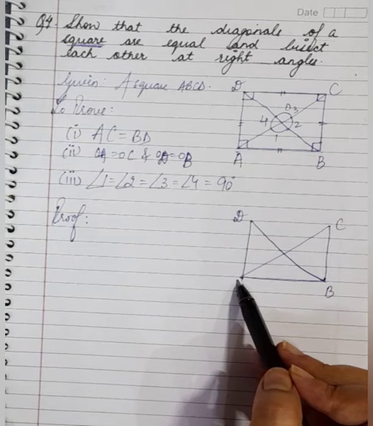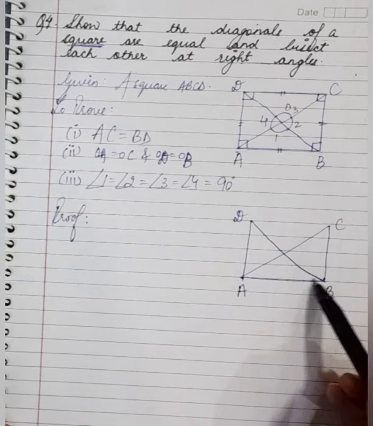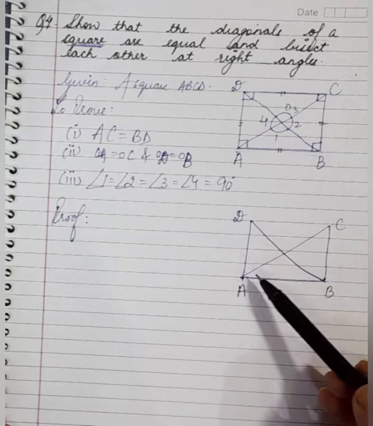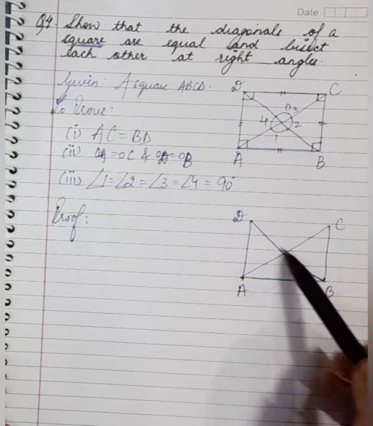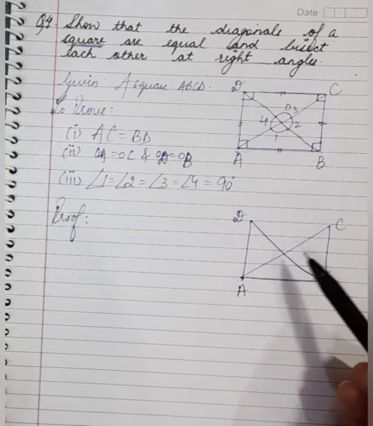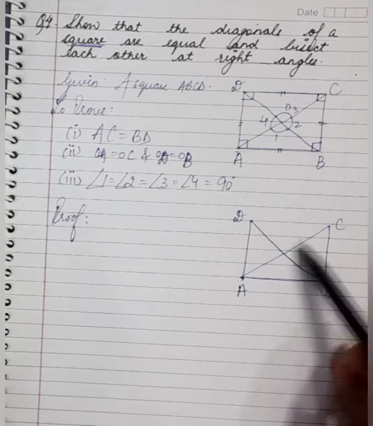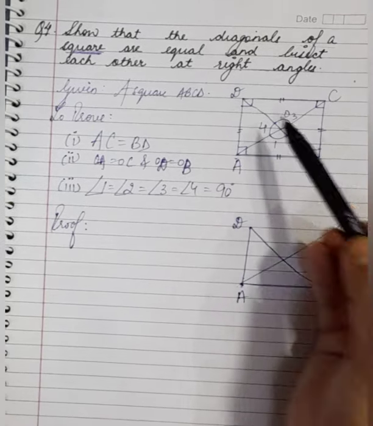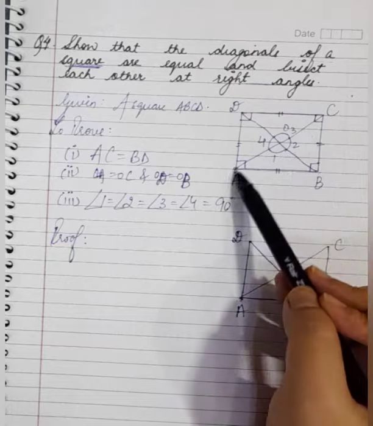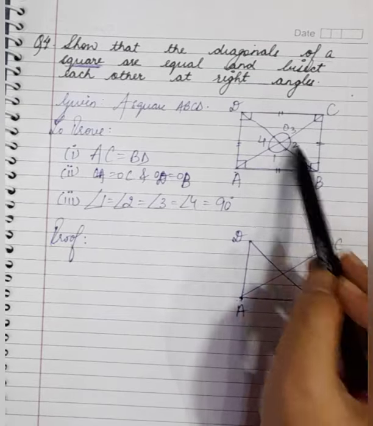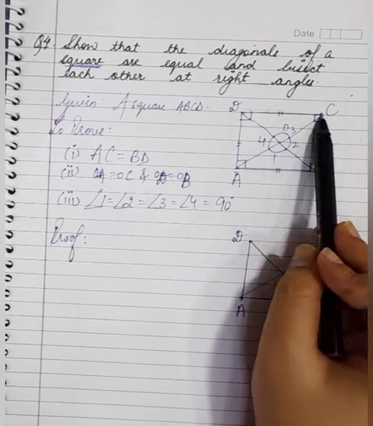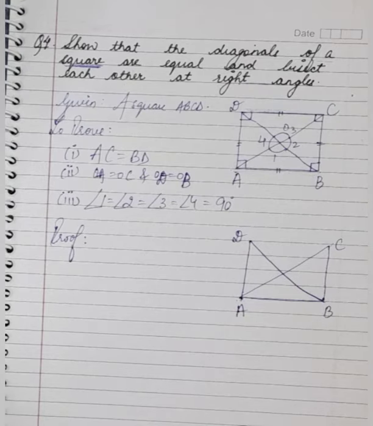I can prove them congruent easily. Once they are proved congruent by CPCT, I can say AC is equal to BD. Of course, why am I taking these 2 triangles? Because they comprise the diagonals. You can also take these 2 big triangles where DC is the common base. So you can take these 2 also.